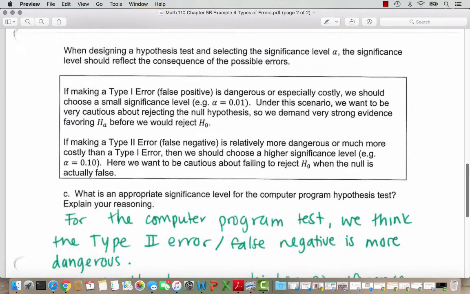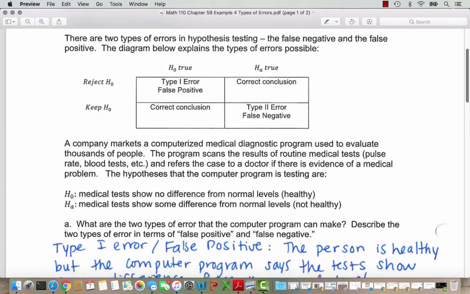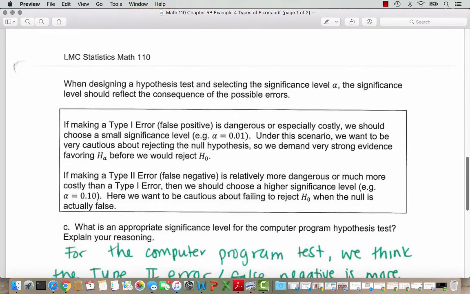So when designing a hypothesis test and selecting the significance level, we use the symbol alpha, the Greek letter A, to stand in for significance level. The significance level should reflect the consequence of the possible errors. So if making a type 1 error, a false positive, is dangerous or especially costly, so that would be the scenario where the null hypothesis is true, but we rejected it, so we want to reject the null hypothesis less often in this first scenario.